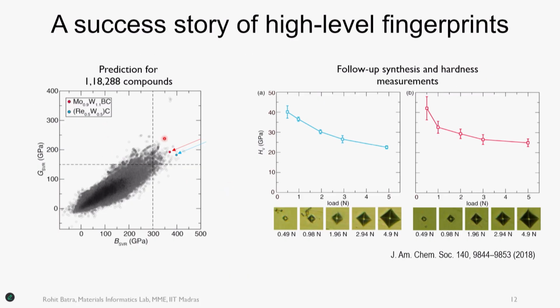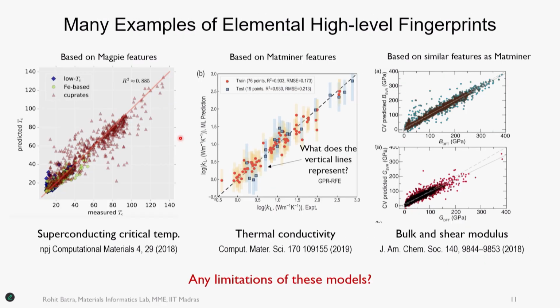But let me just give a little bit more detail about the shear modulus. In the shear modulus and bulk modulus study, the important thing was the data that you see here. You see the ground truth is actually the DFT value. So the authors did not have access to experimental data.